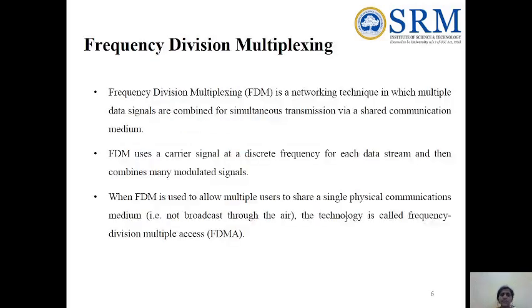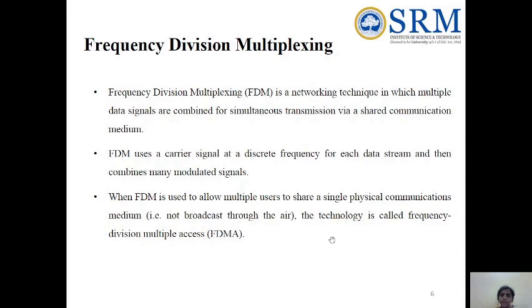So coming to frequency division multiplexing. Frequency division multiplexing is a networking technique in which multiple data signals are combined for simultaneous transmission via a shared common medium. Multiple data signals are trying to access the same communication medium for transmission.